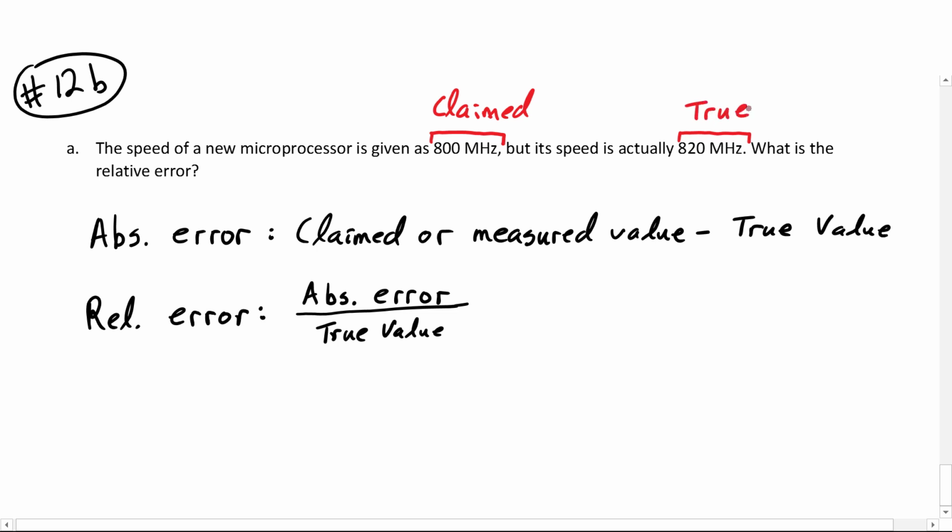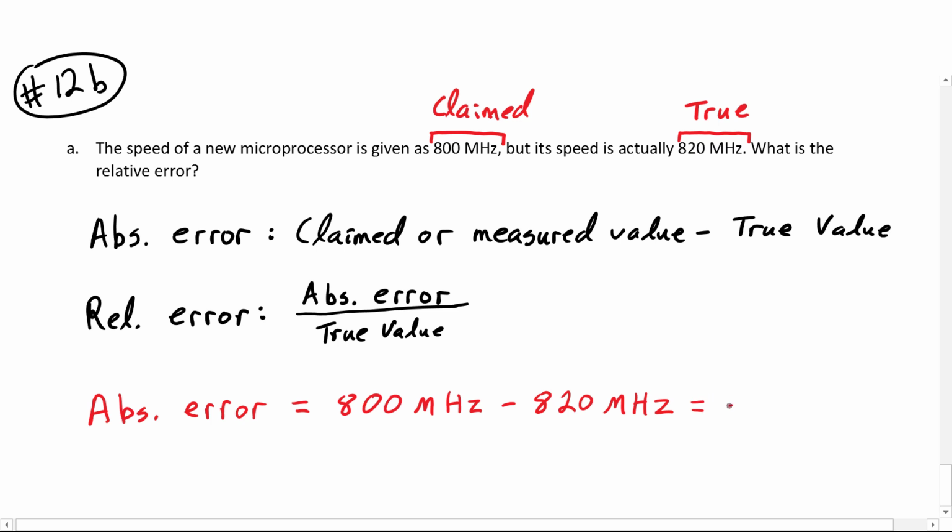So we'll do the absolute error calculation here by taking the claimed value of 800 megahertz and subtracting away the 820 megahertz. That was the true value. And if we do that, we get negative 20 megahertz as the absolute error.